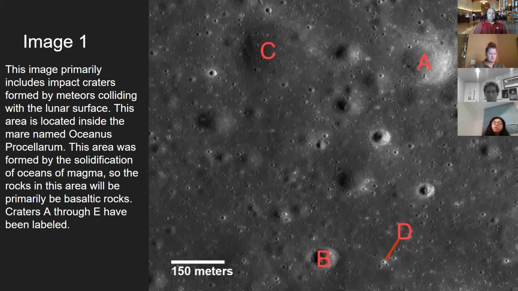Okay, yeah, so everything you see here is an impact crater. One question for you was, did you consider those could have been a different kind of feature? I considered if some of them were formed from volcanic activity, but I don't believe any of them were. Okay, what made you think that, and then what made you decide they weren't? From the research that I did with all the readings, the way that they described the volcanic craters and those kinds of features, they didn't really match up with what I was looking at in this image.